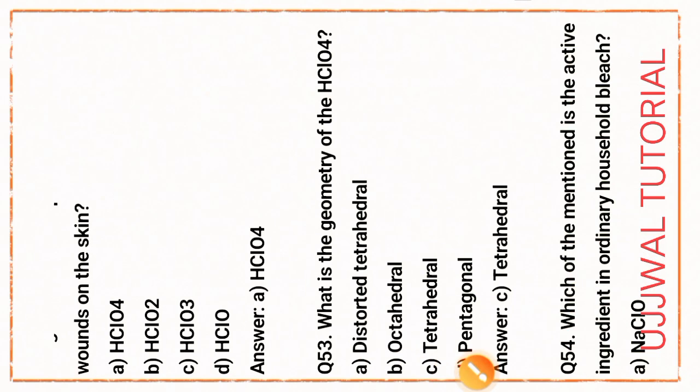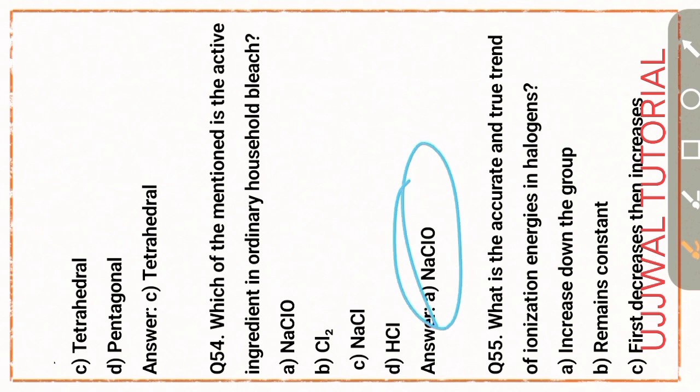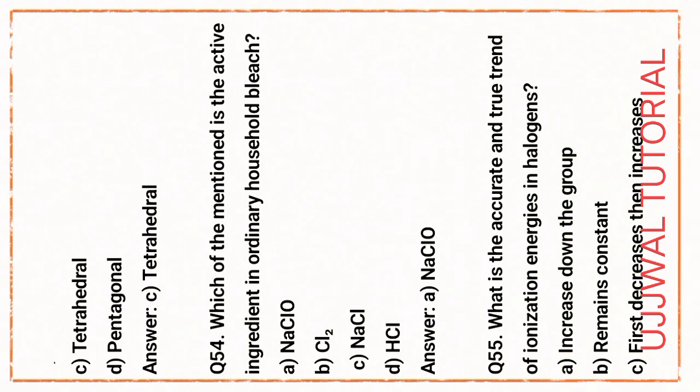Next question number 54. Which of the mentioned is the active ingredient in ordinary household bleach? That is option A, NaClO, sodium hypochlorite. Okay.